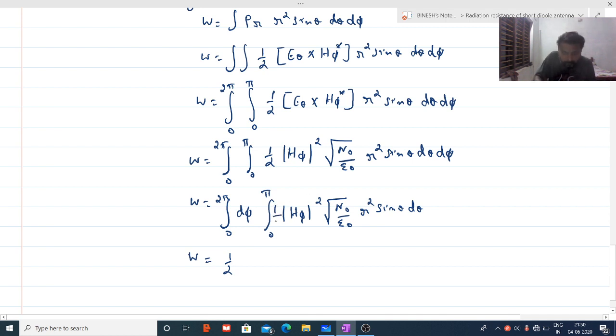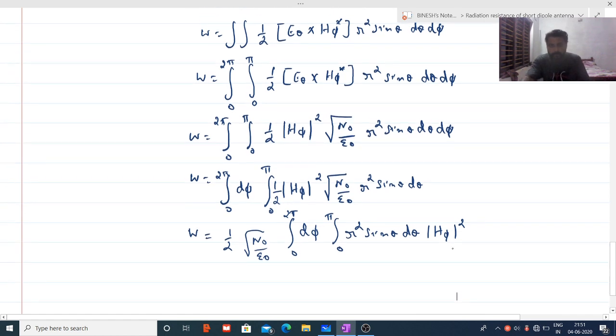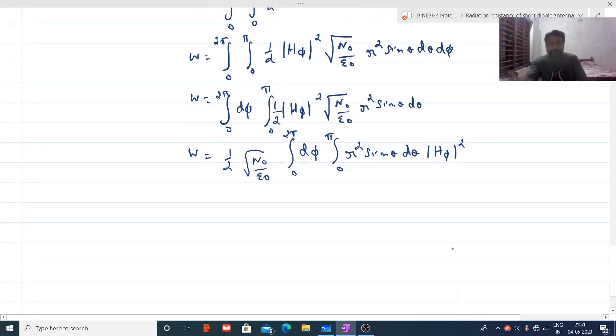I will take 1 by 2 outside, as well as root of mu naught by epsilon naught outside, integral 0 to 2 pi into d phi, integral 0 to pi R square sin theta d theta into H phi. One more term is there, that is the H phi term. I think it's clear.